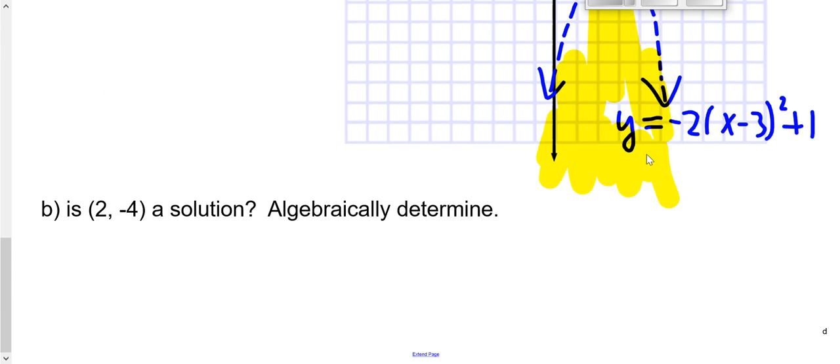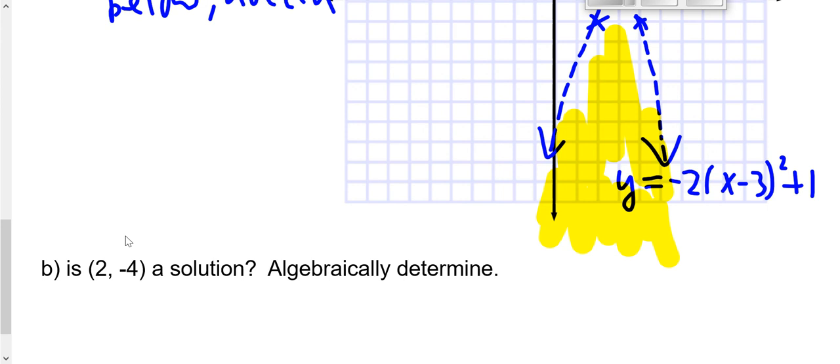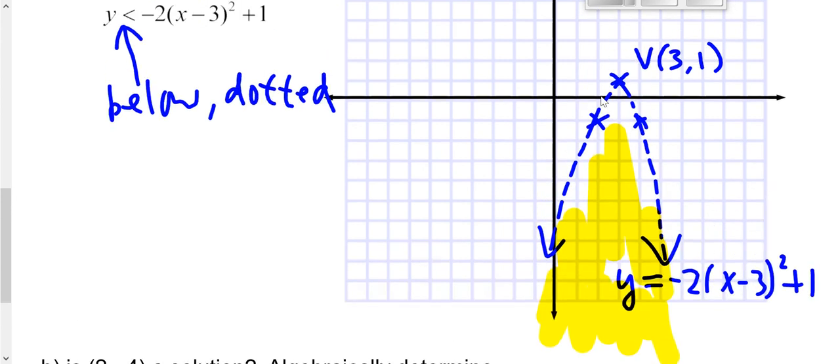Is 2 and negative 4 a solution? Algebraically determine that. So let's cheat a little bit, or I shouldn't say cheat all the time. Let's be smart. Let's look at this graphically. 2 and negative 4. One, two, 1, 2, 3, 4.